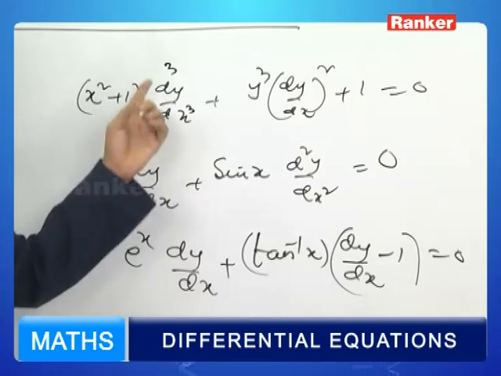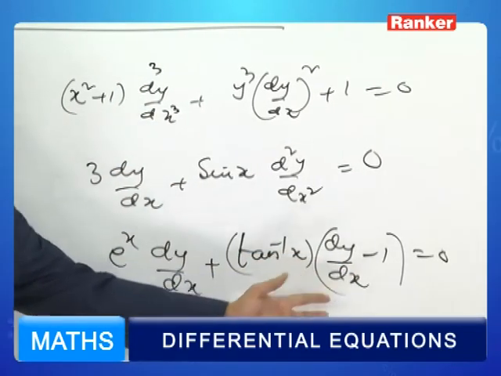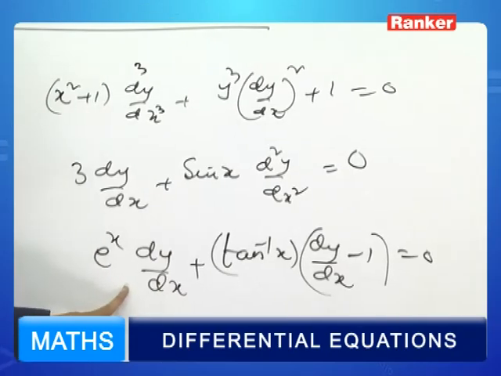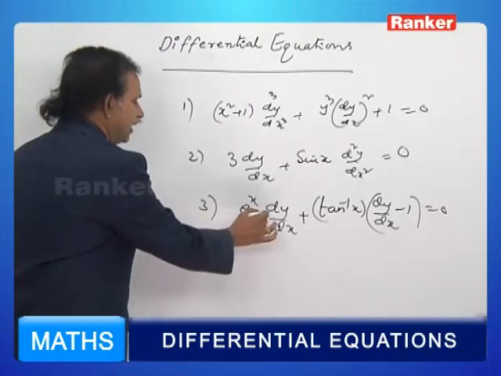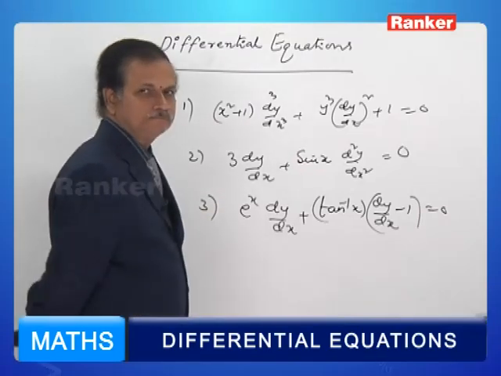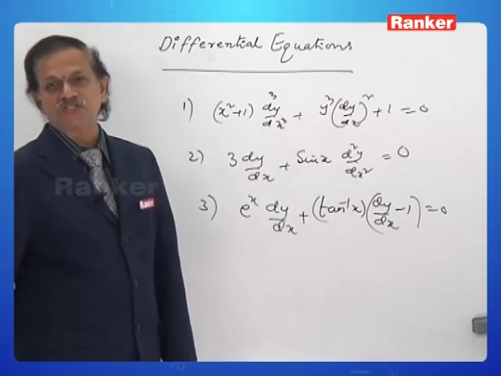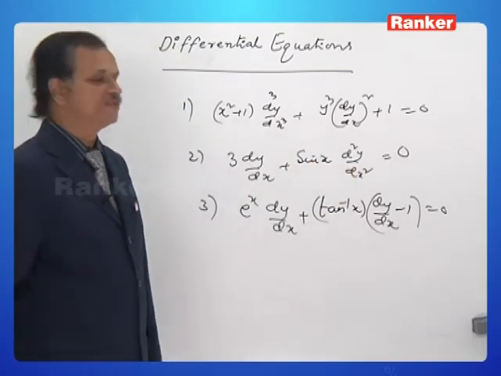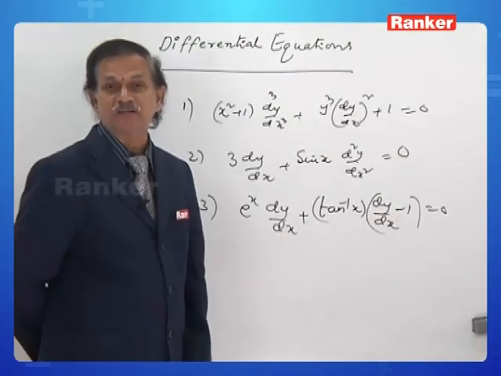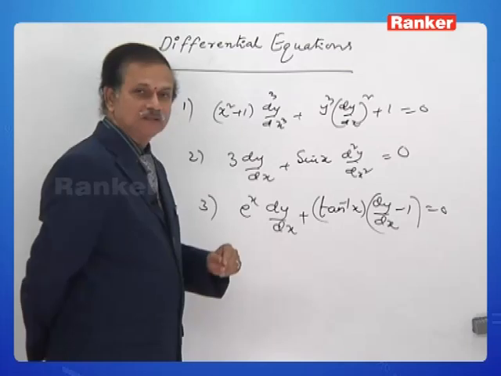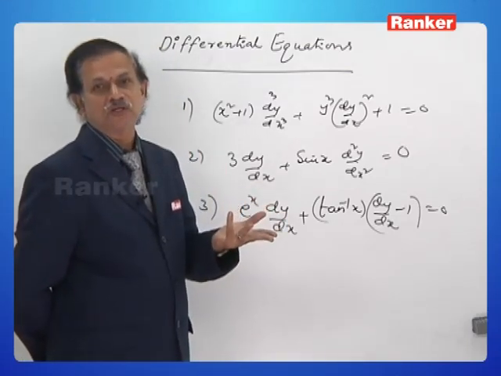Consider the three differential equations. The largest order derivative present in the third equation is dy by dx only. In the second equation, the largest order differential coefficient is of second order, that is d square y by dx square is present. But here you are able to see d cube y by dx cube also.